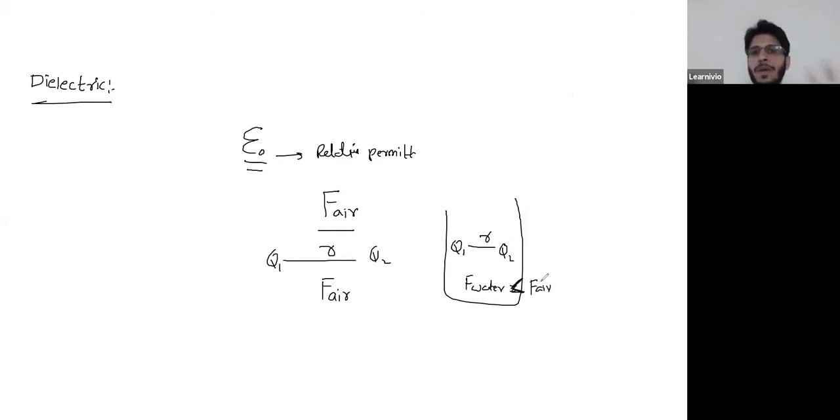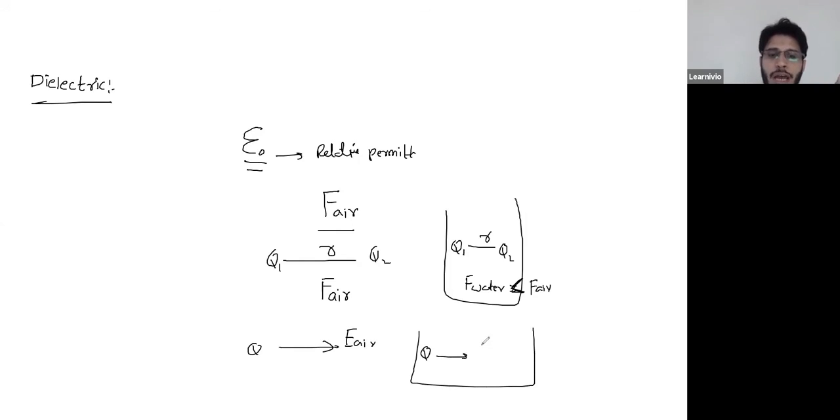The force is maximum in free space, maximum in air. If you keep on changing the medium, the force keeps on decreasing. Why does force decrease? How does a medium affect the force between two charges? Or questions like, if you place a charge in free space, say the value of the electric field is E. If I place the same charge in water, what will happen to the value of the field?